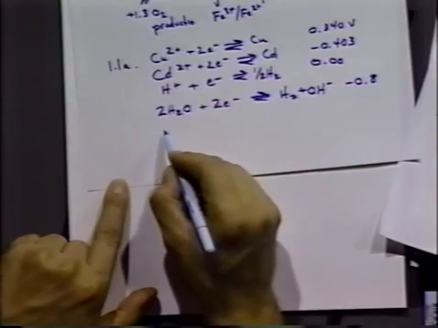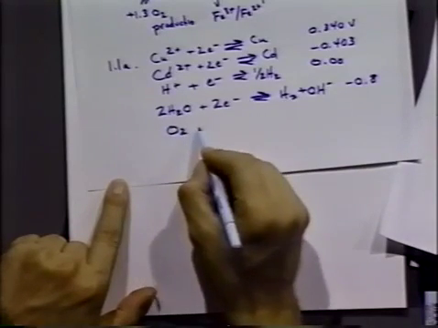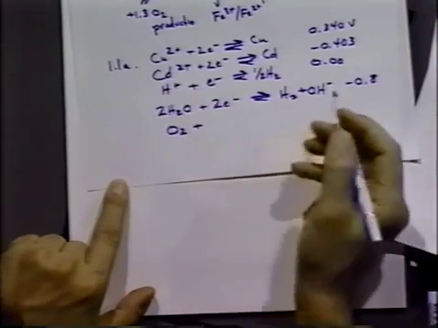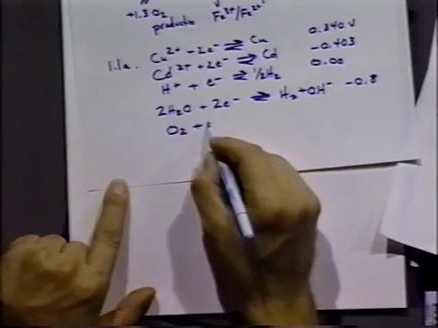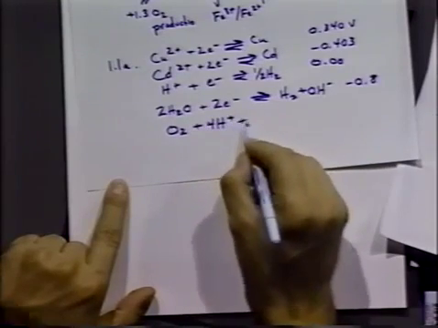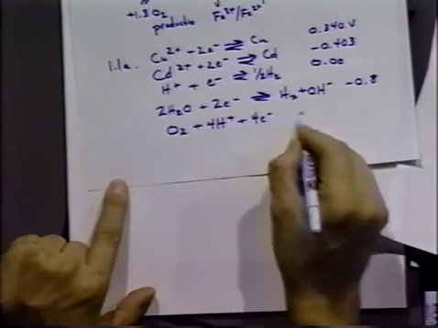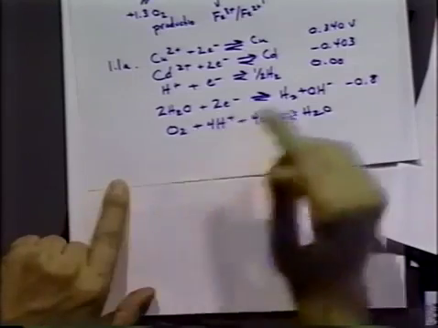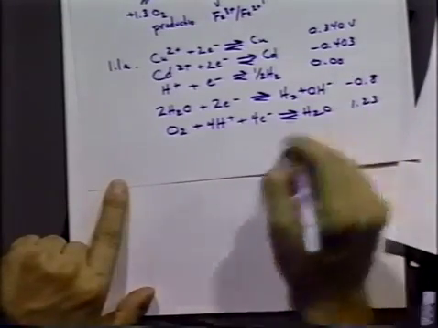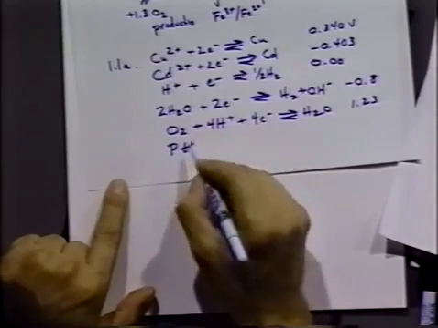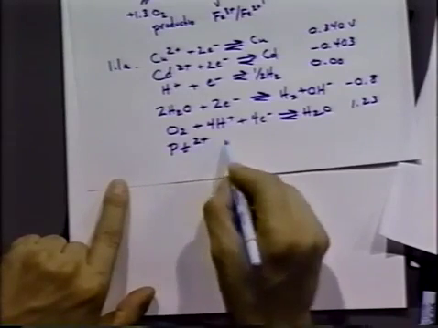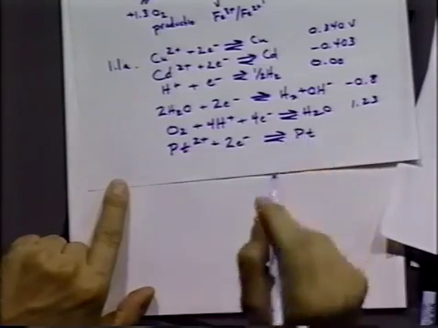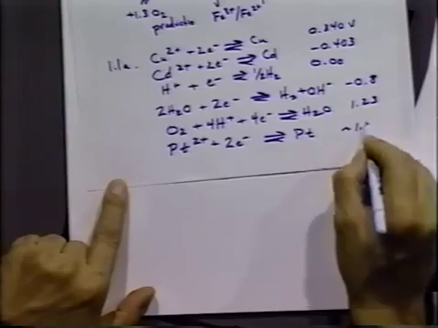We also have the possibility of oxygen production, given by the following equation where we oxidize water to form oxygen. That E0 is about 1.23. Actually, there is a platinum oxidation potential, also at about probably 1.2 volts.